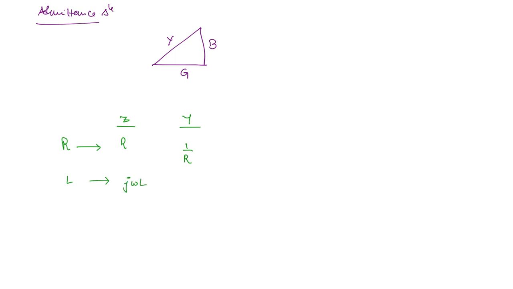J omega L, and admittance is 1 by J omega L. Remember, we are talking about the admittance when only an inductor is present. Then similarly, what about a capacitor? For a capacitor, the impedance is minus J by omega C or 1 by J omega C, right? So admittance is going to be J omega C. So this is the admittance for each of the individual circuit elements.